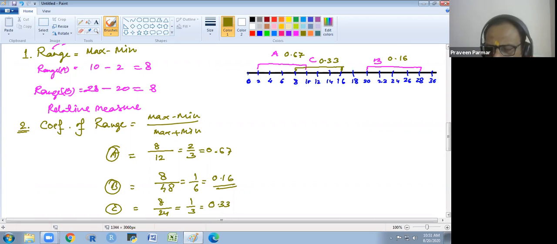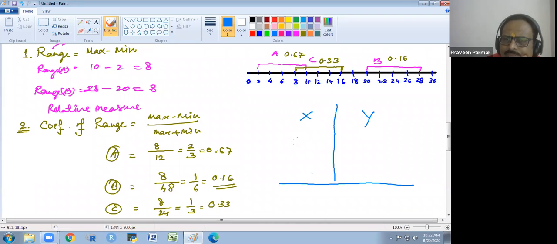Suppose two companies, X and Y, offered you a job, and both companies mentioned in their letter the coefficient of range of the salary of their employees.